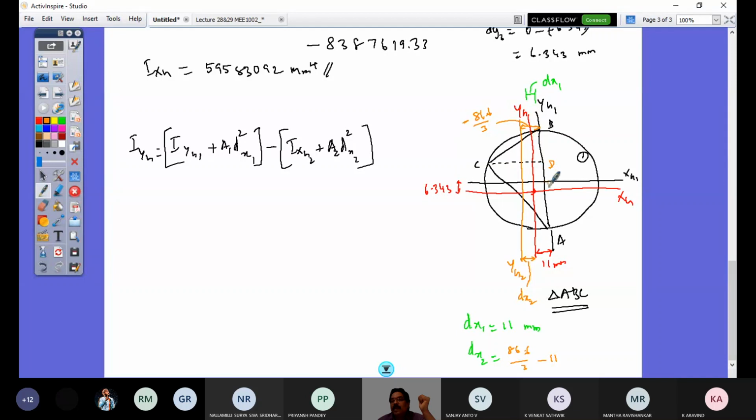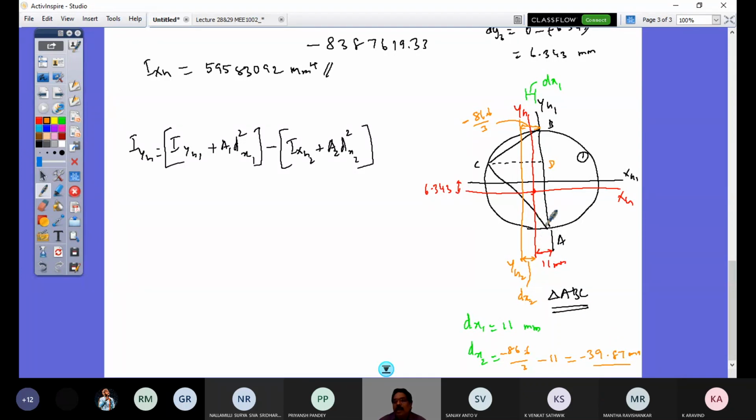Because this is my origin, so from here it is minus value. Minus of this. So it is minus 86.6 by 3 minus 11. So that's going to be, what I get is minus 39.87 mm. So this is the distance between YG axis and this.